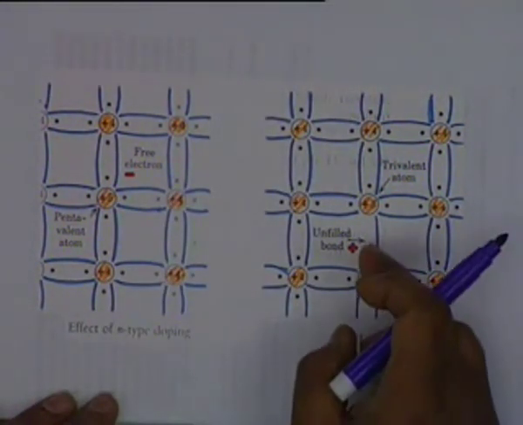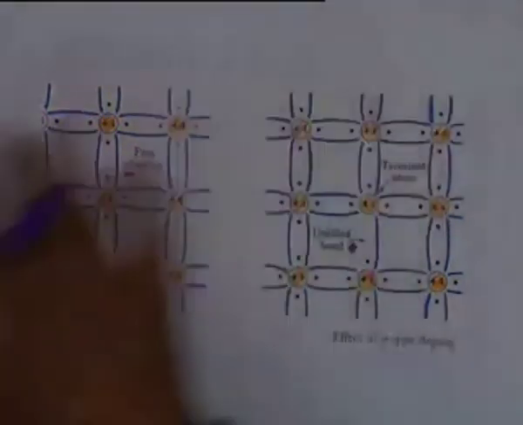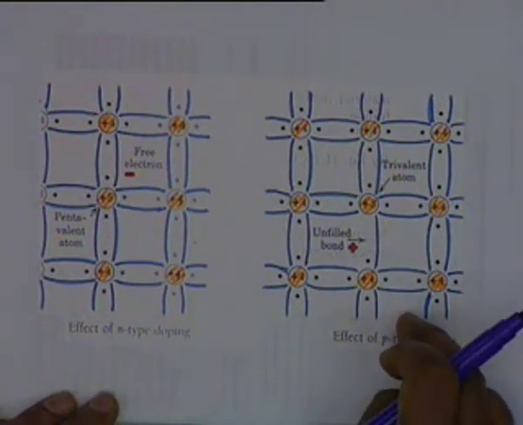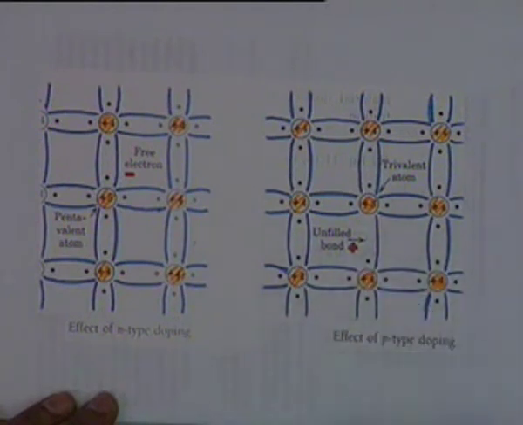All right. Therefore, it is able to accept an electron knocked out thermally or otherwise from another atom. So, it is called an acceptor atom, or since it creates a positive charge, it is also called a p-type doping, and this is the point we shall start from next time.